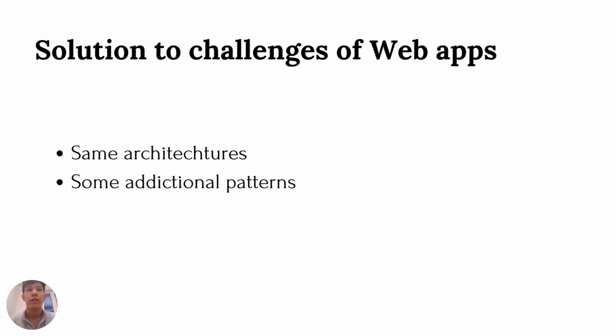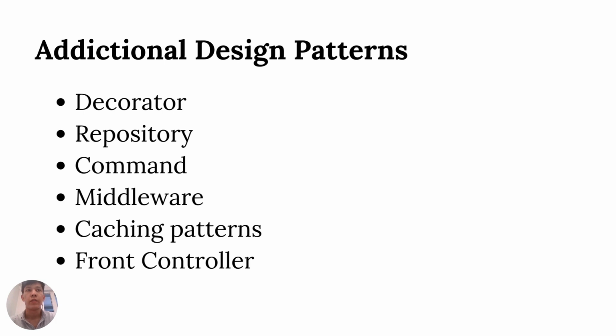The same design patterns are used here too, but there are some additional patterns that I will talk about. So here they are: decorator pattern, repository, command, middleware, caching patterns, front controller. You can learn all of them by the link in the description below.